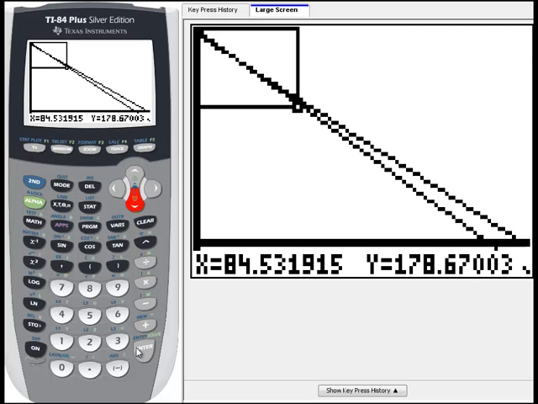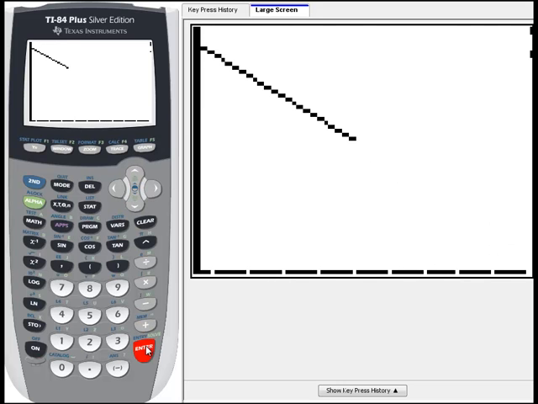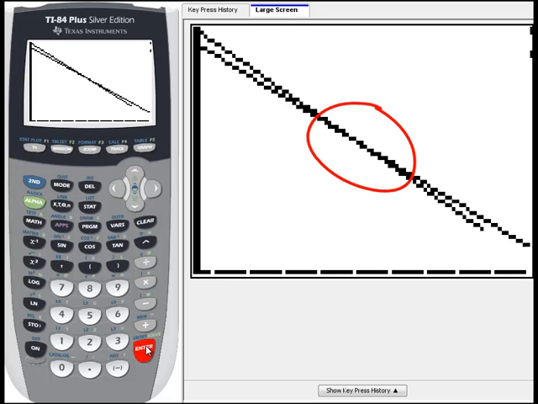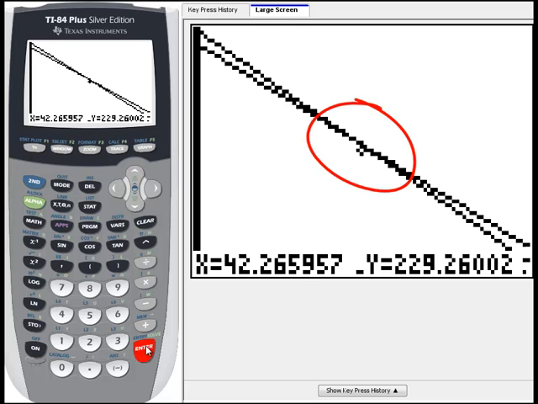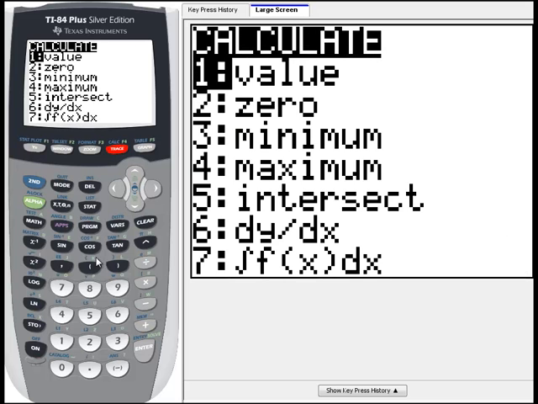Okay, maybe there. Okay, now I feel I really do see a clear intersection. Let's go get that with second, calculate, and intersect.